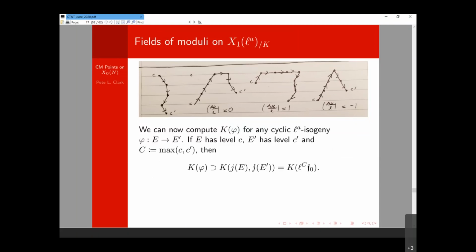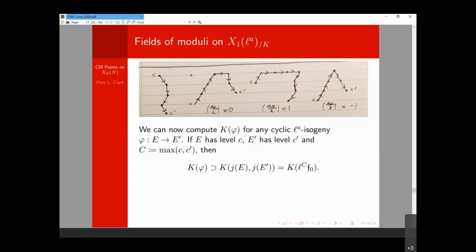And then in this case, if you work over K, then everything is Galois, and these K adjoin j's are just ring class fields. And then one of the merits of reducing to the prime power case is that one of the two ring class fields is going to contain the other. And so that's the point. So whichever one is bigger between C and C prime, the compositum here is just going to be K adjoin this.